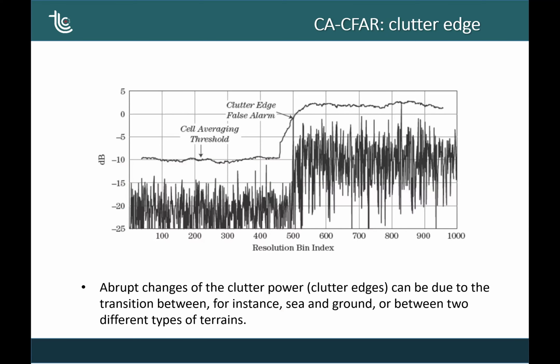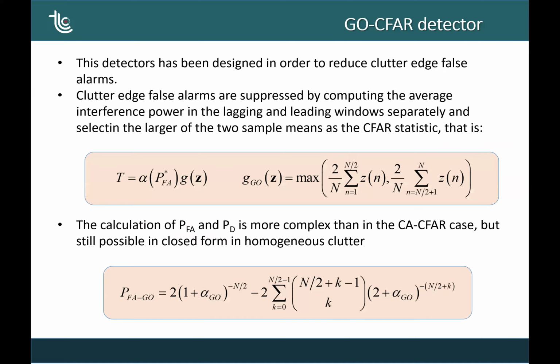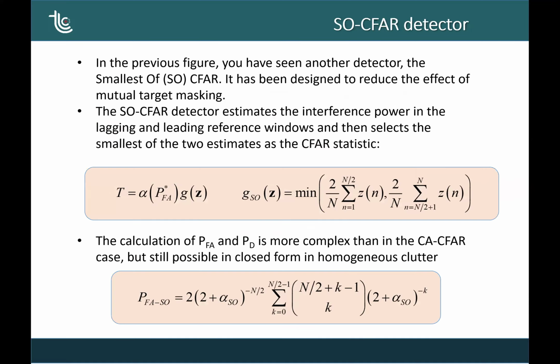In the area where the power is high, we increase the probability of false alarm. The GO CFAR mitigates the problem of the increase of the probability of false alarm in the high power region. The SO, the smallest of, mitigates the decrease of the probability of detection in the low power region. That's why we also have the smallest of.